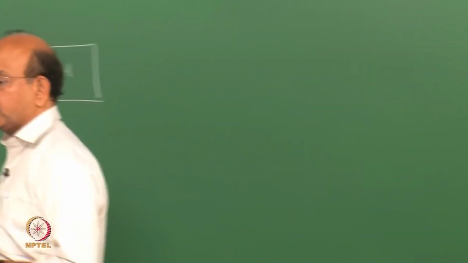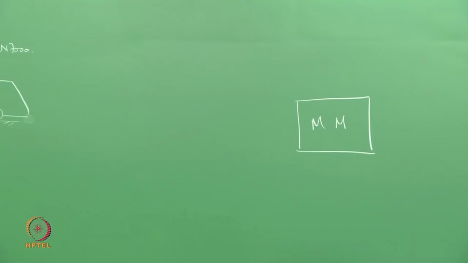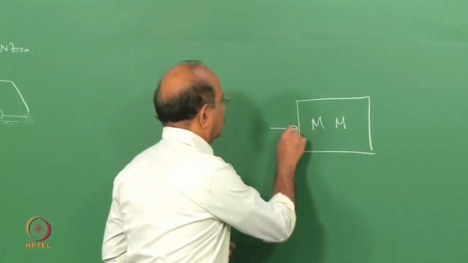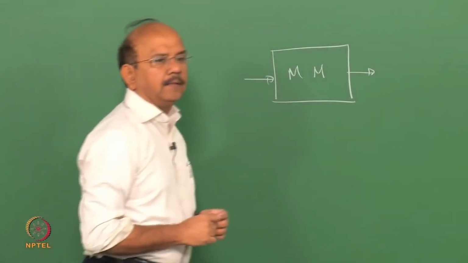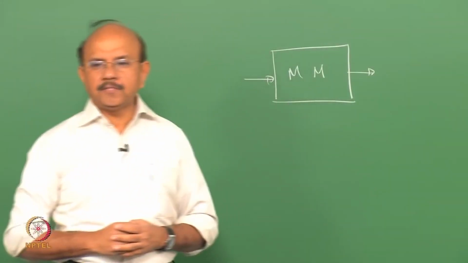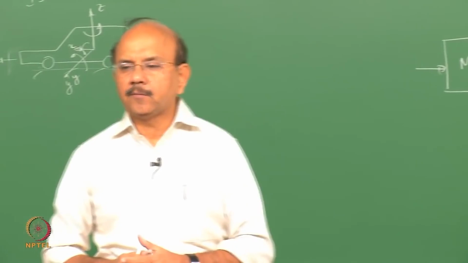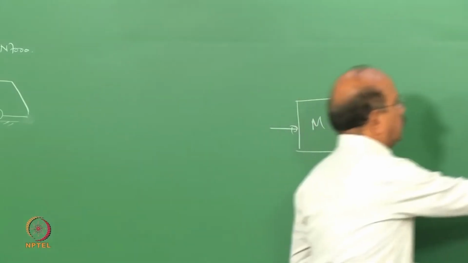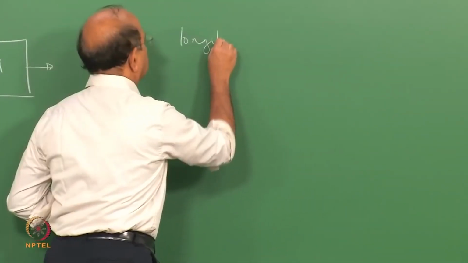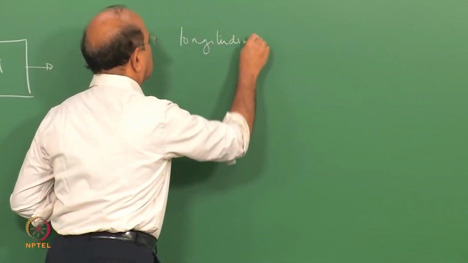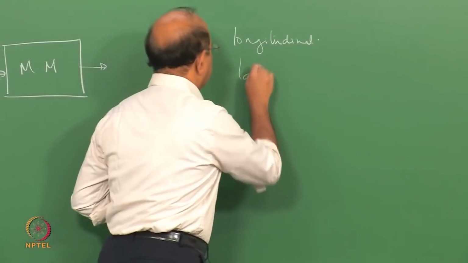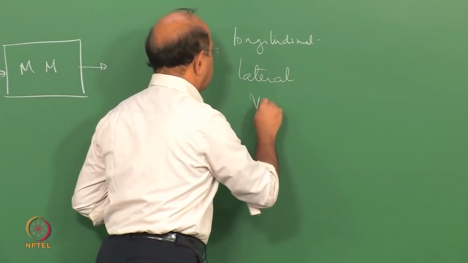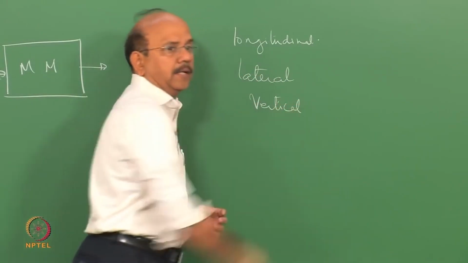So, the mathematical model comes from our good old Newton, Euler-Newton equations, and this has an input and an output. Remember that the dynamics, which is defined by using these mathematical equations, is classified into what we called longitudinal dynamics, lateral dynamics, and vertical dynamics.